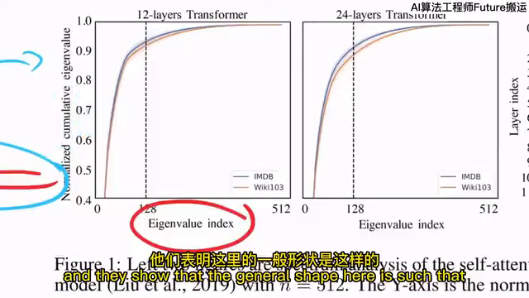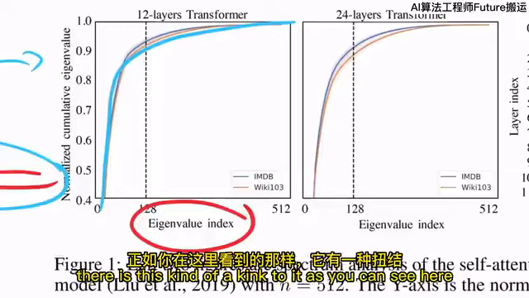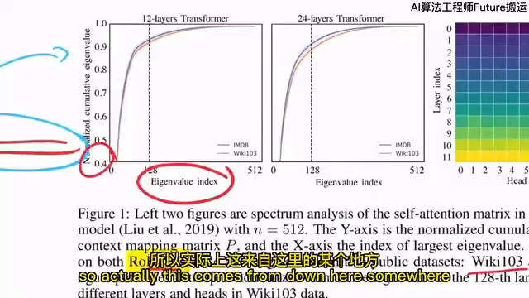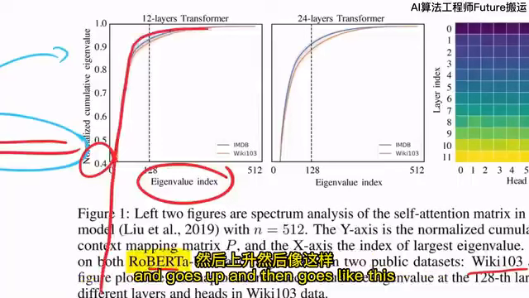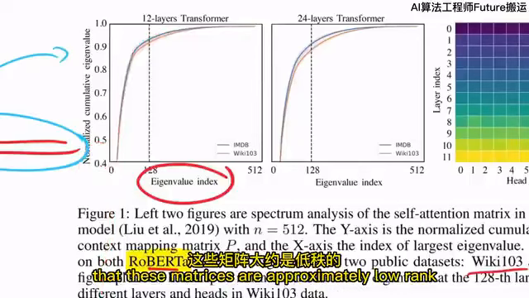And they show that the general shape here is such that there is this kind of a kink to it, as you can see here. Now, also notice that the axis here starts at 0.4, so actually this comes from down here somewhere and goes up and then goes like this. So I feel they have a legitimate claim here that these matrices are approximately low rank.